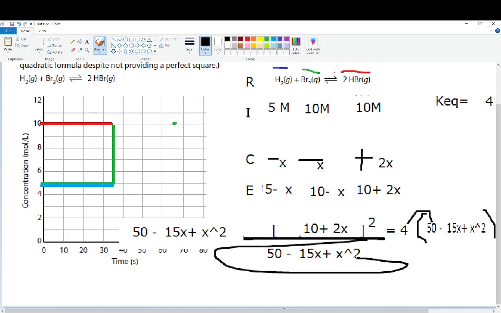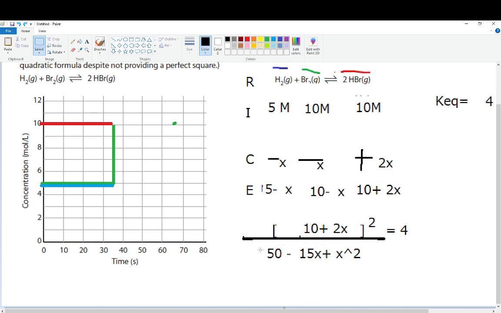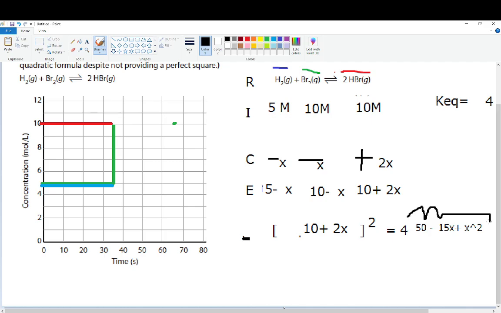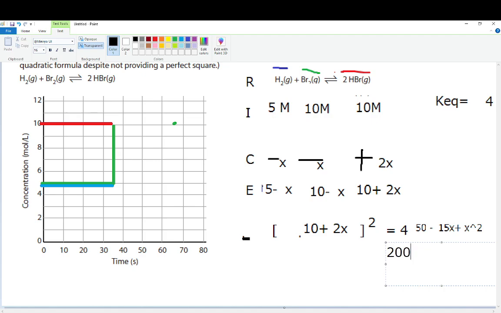That's how we get rid of the denominator. Multiply both sides by it, and it ends up on the right side of the equation. When I multiply the 4 times each item, I get 200 minus 60x plus 4x squared, and that's the secret there.